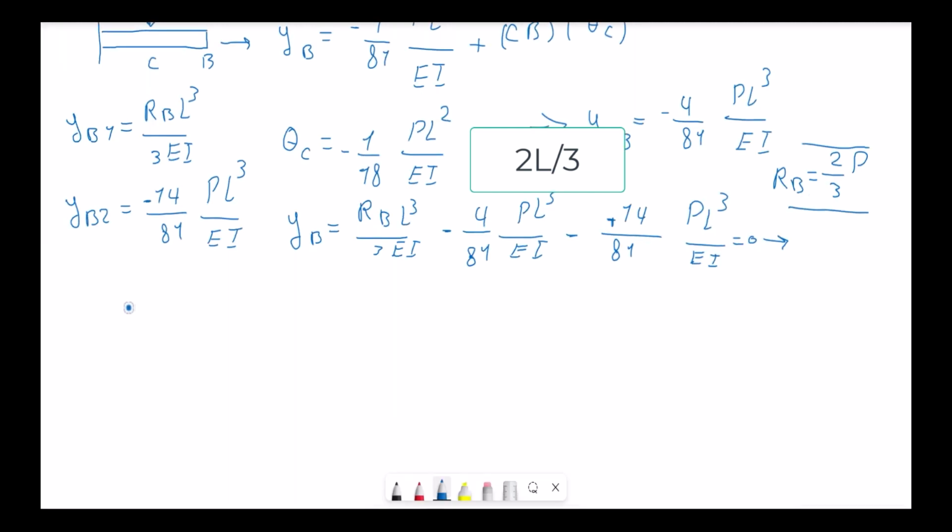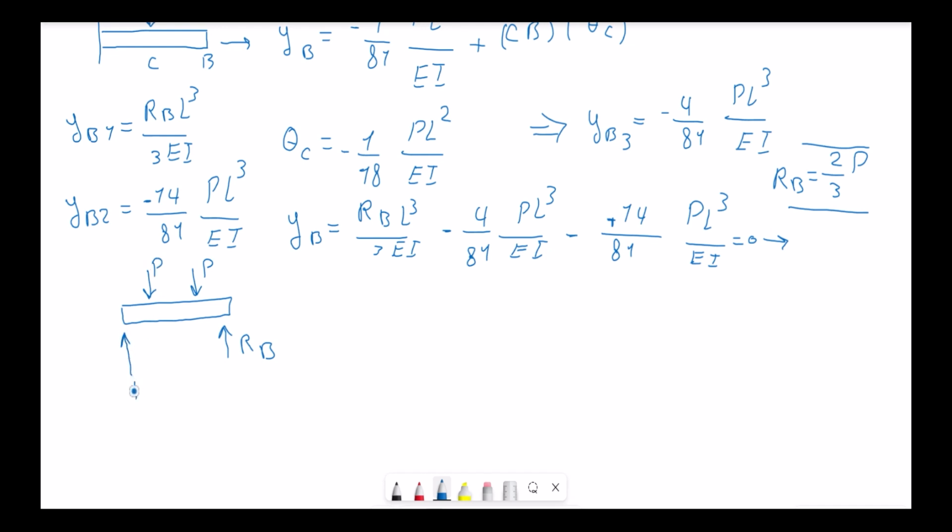Now if we draw the whole body diagram of the beam with all the forces on it, this is going to be like this: R of B, P, and another load P, and the reactions are fixed. And we're going to have a moment here.